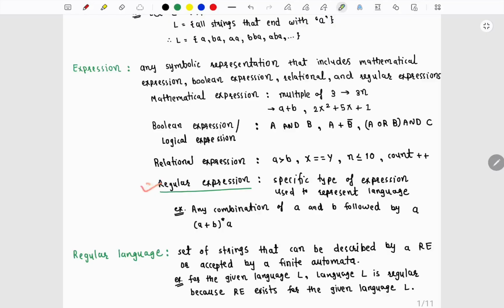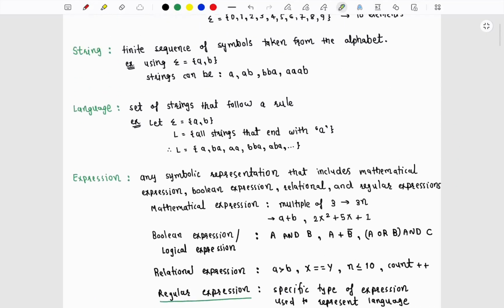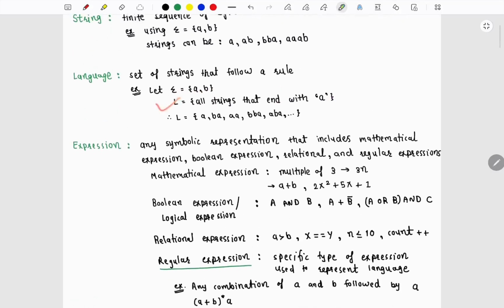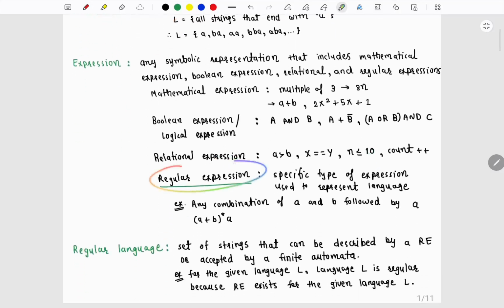Now, what is regular expression? Regular expression is a specific type of expression used to represent language. Previously, we have seen what is language. Now, if we want to represent this language, then we need to use regular expression.